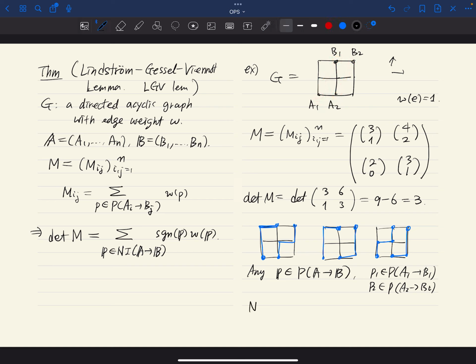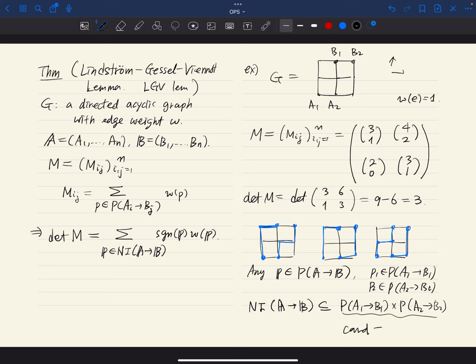In other words, non-intersecting paths from A to B are a subset of this times this, right? This is easy to compute. What is the cardinality of this?